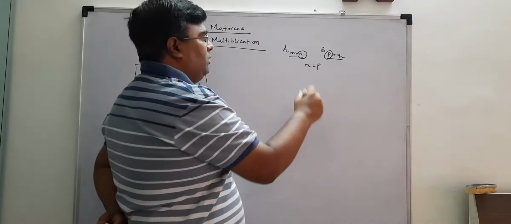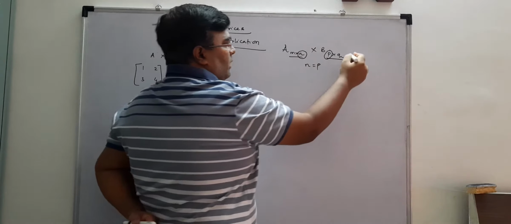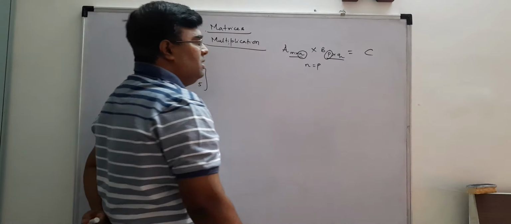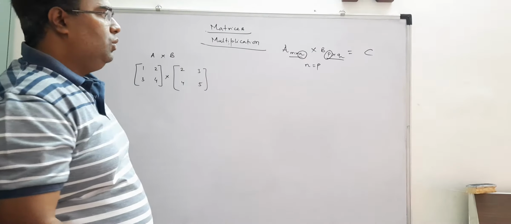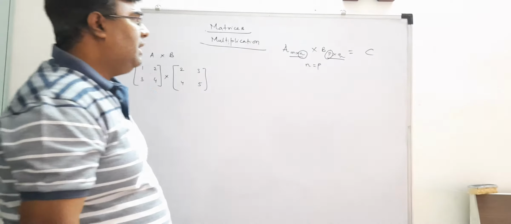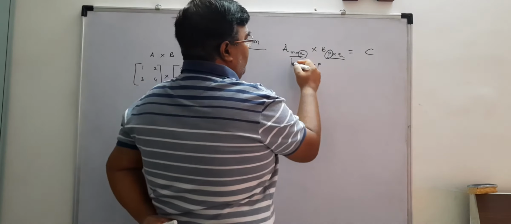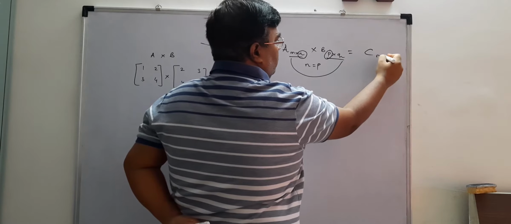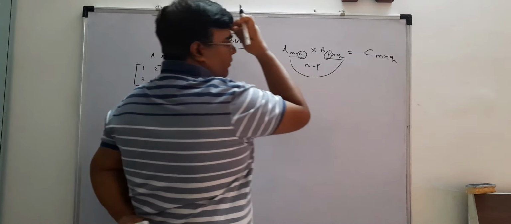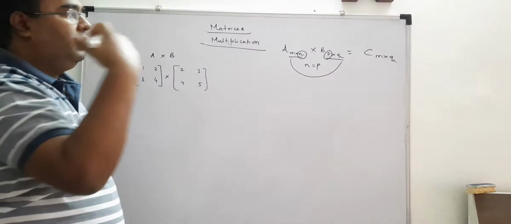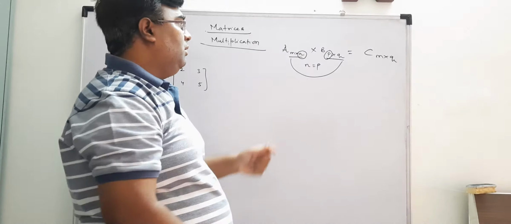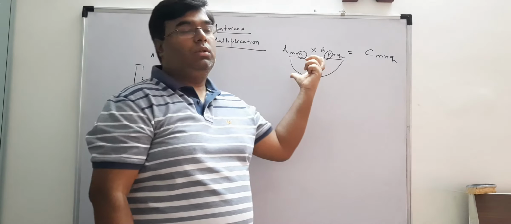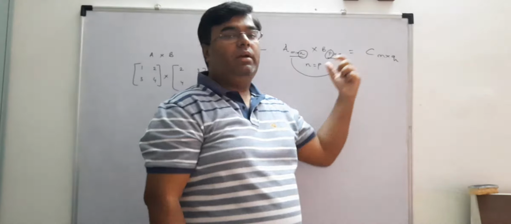Suppose this multiplication gives me another matrix C. What is the order of that matrix? That matrix order will be m by q. So we got another matrix whose order can be different from A and B, which is m by q.